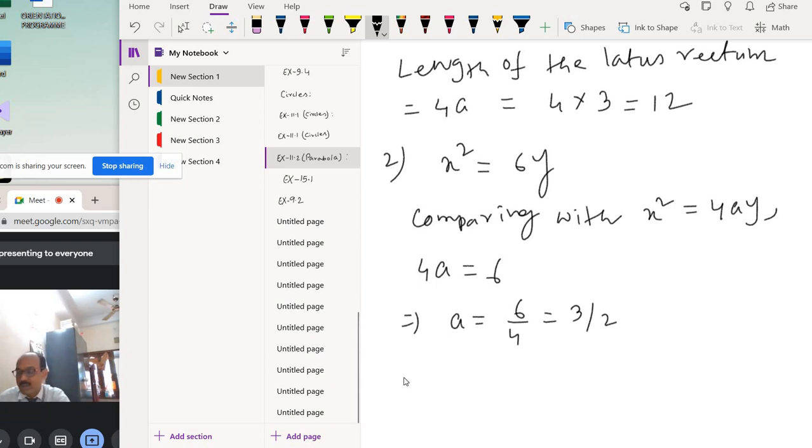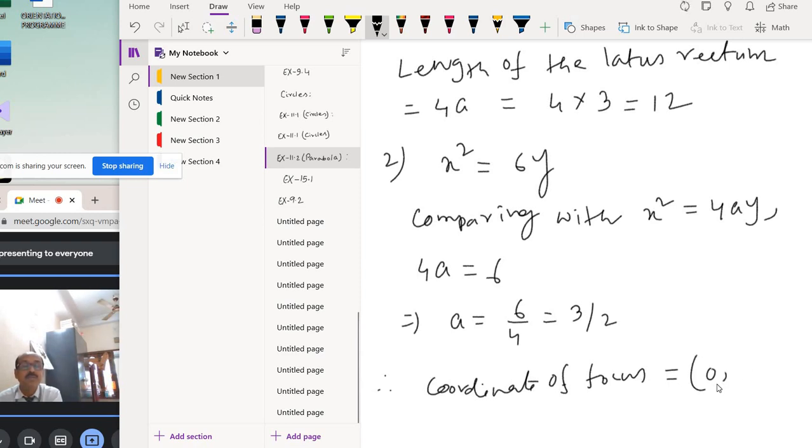So the coordinates of the focus are (0, a), which equals (0, 3 by 2). This is the focus.